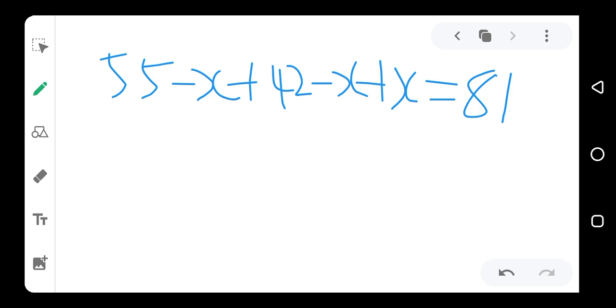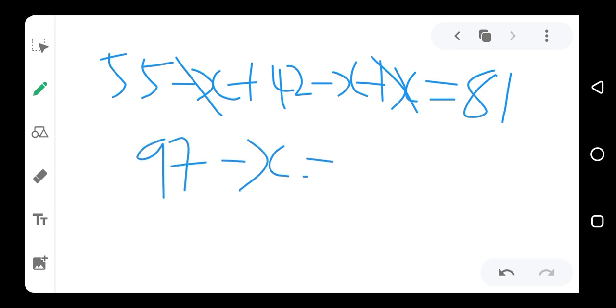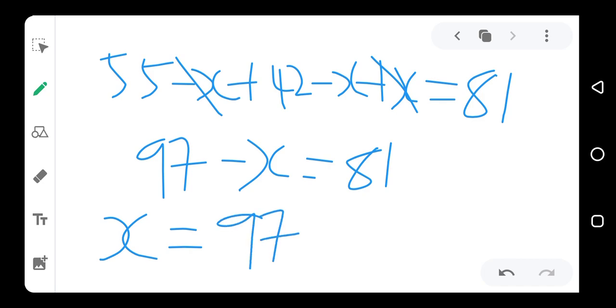If we add it, it gives us 97, so 97 minus X is equal to 81, and so X is equal to 97 minus 81, and this gives us 16.